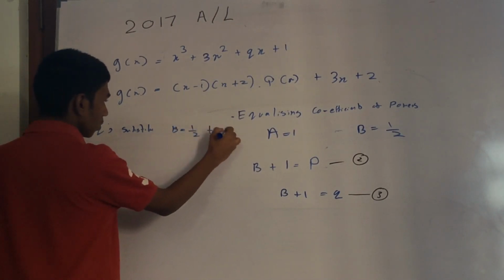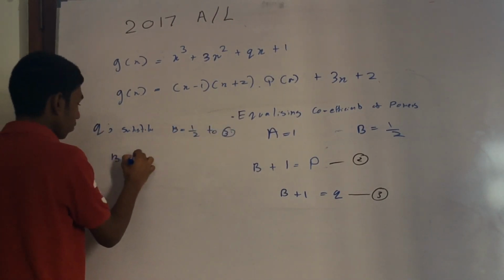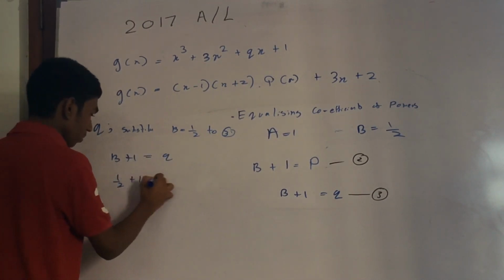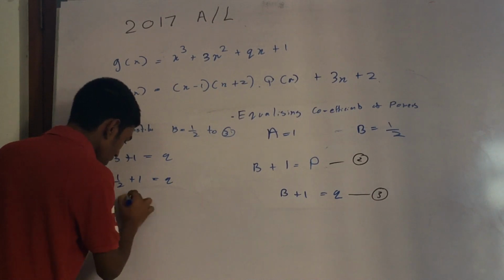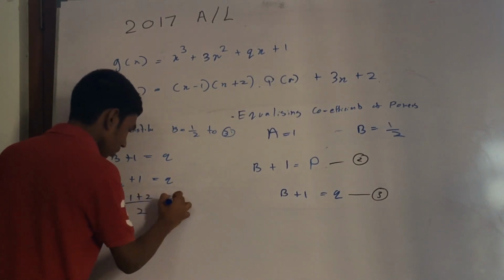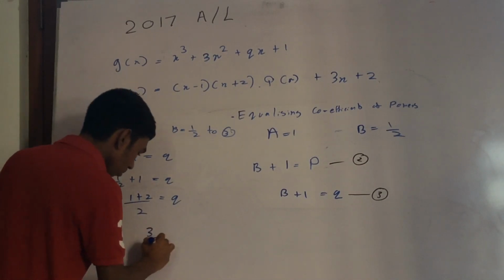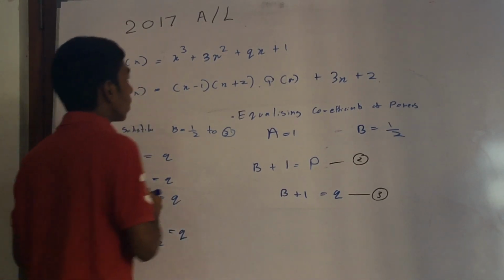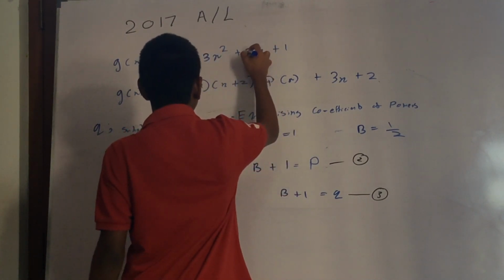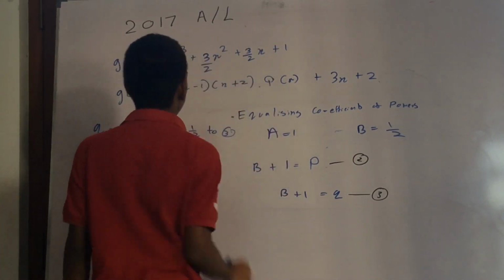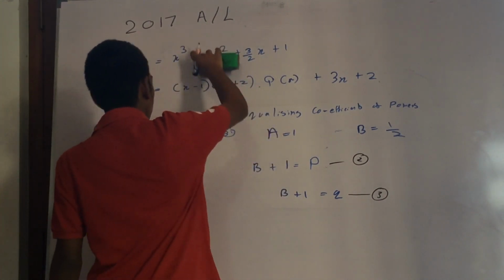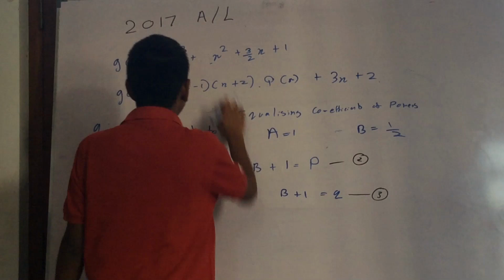So B plus 1 is equal to Q, half plus 1 is equal to Q, 1 plus 2 over 2 is equal to Q. So 3 over 2 will be Q. It should be equal to 3 over 2.